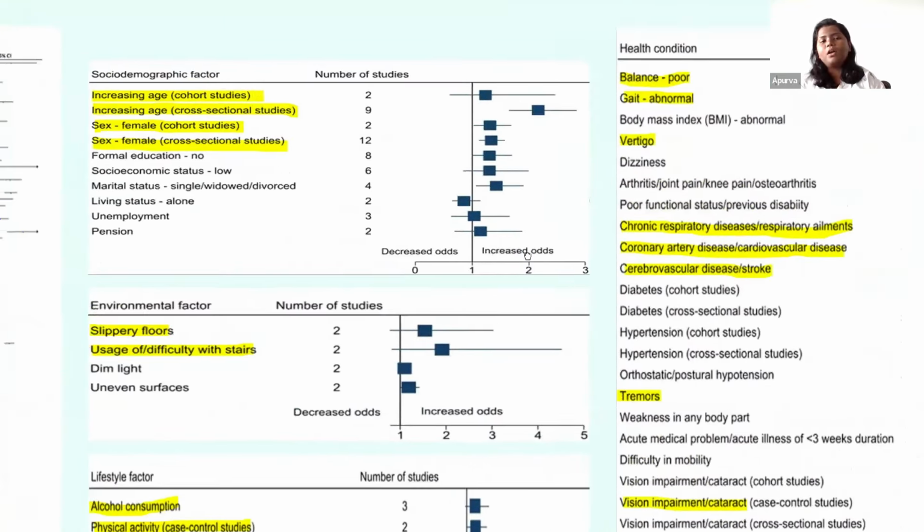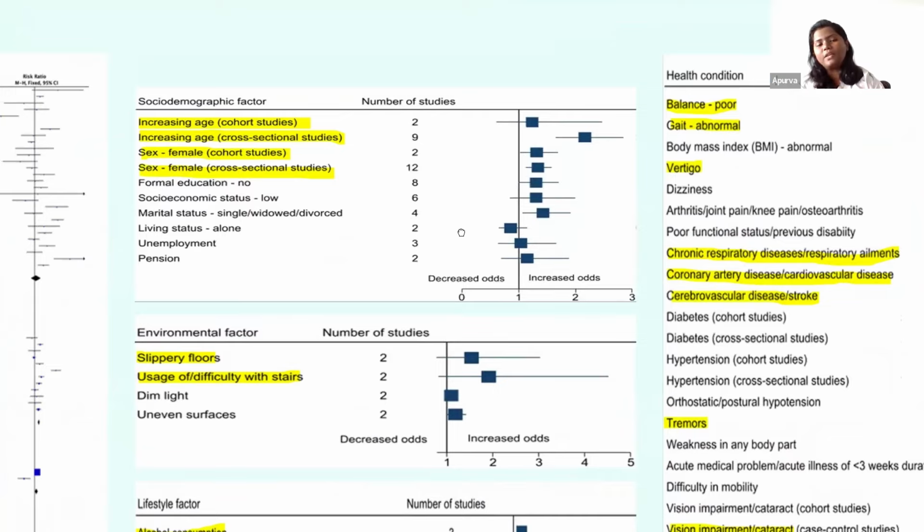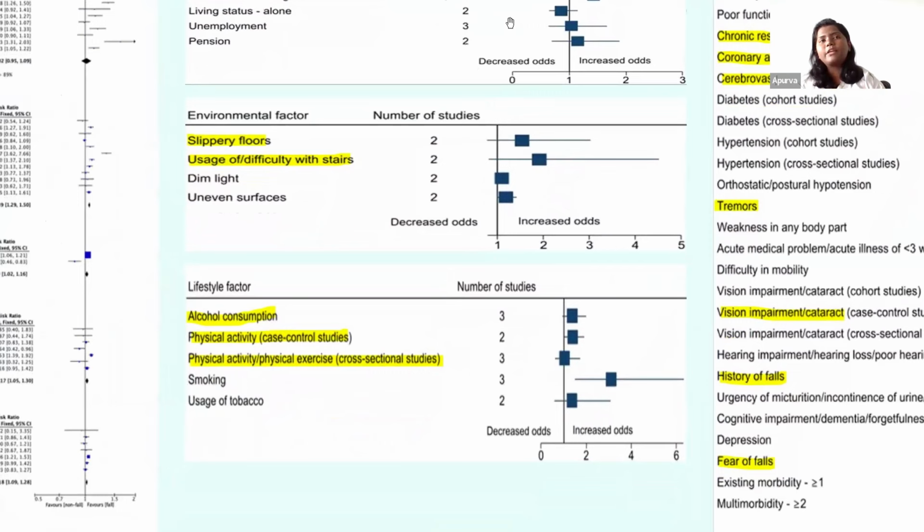Similarly, females are at higher risk of falls, and increasing age, which we all know is causing a lot of falls. Other than that, some extrinsic factors which have proven to cause a lot of falls are slippery floors and difficulty in usage of stairs.